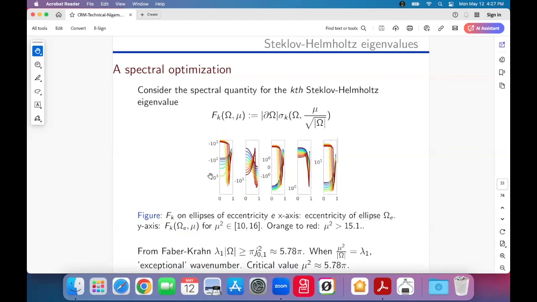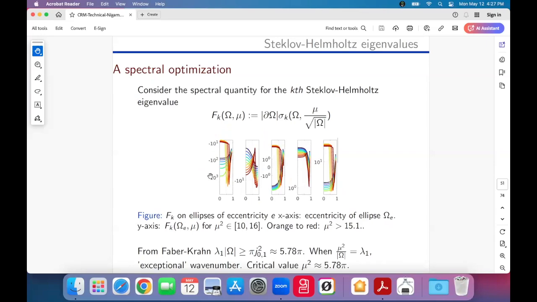Sorry, explain what's the interpretation of FK? We just came up with it. I guess I don't understand sigma k of mu of omega. And mu is the scaling of the Helmholtz parameter? That's exactly correct.